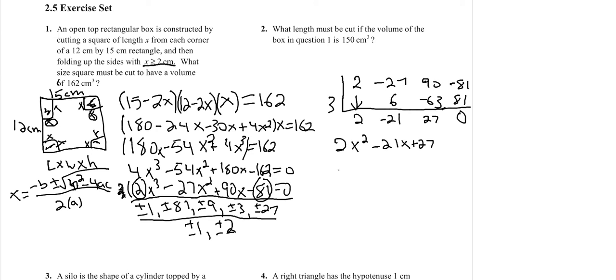Okay, so now we're just going to plug these numbers in, this being a, this being b, this being c. So x equals 21 plus or minus the square root of 21 squared minus 4 times 2 times, oh no, times normal 27.